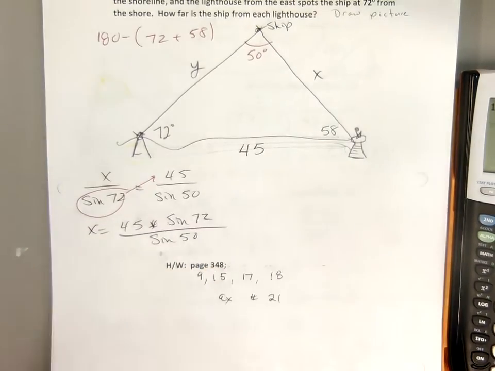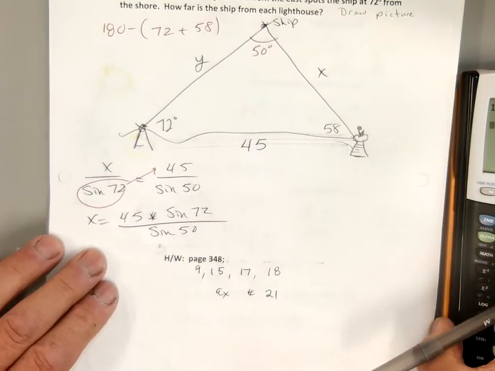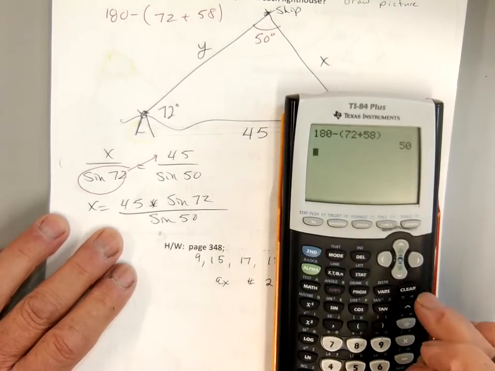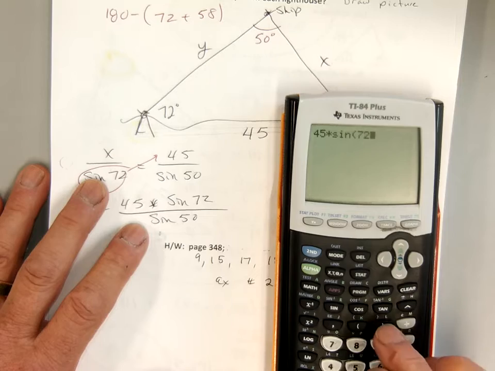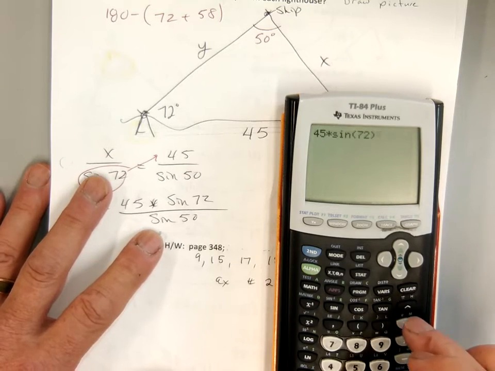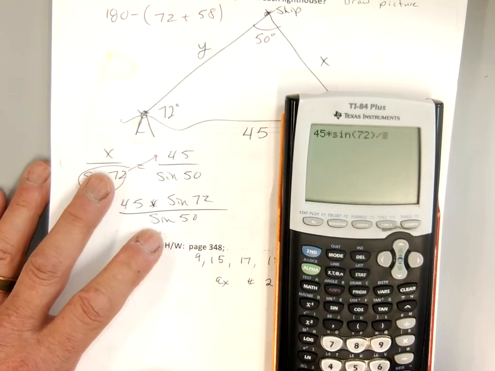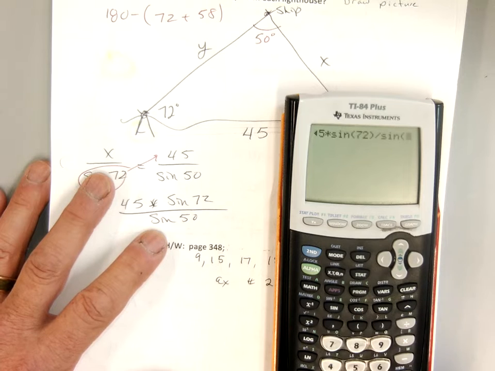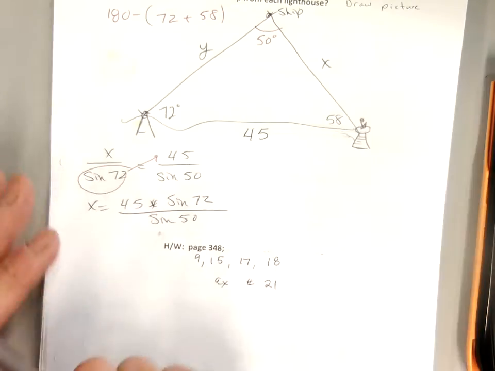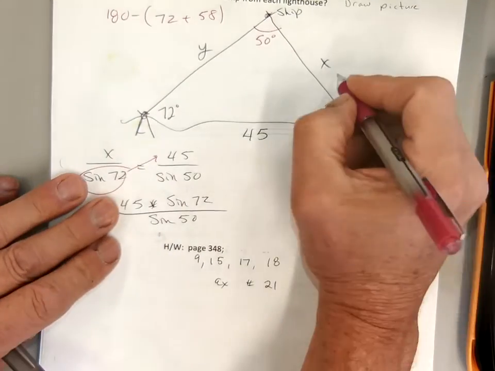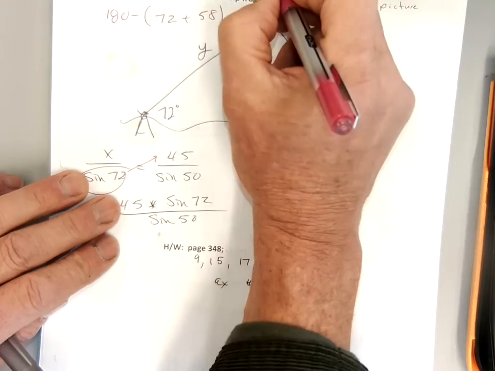On the calculator: 45 times the sine of 72, close the parentheses. It'll really mess you up if you don't. Divided by sine of 50. Hopefully you're in the right mode also. I got about 55.87. Probably miles, right? Yeah, miles.